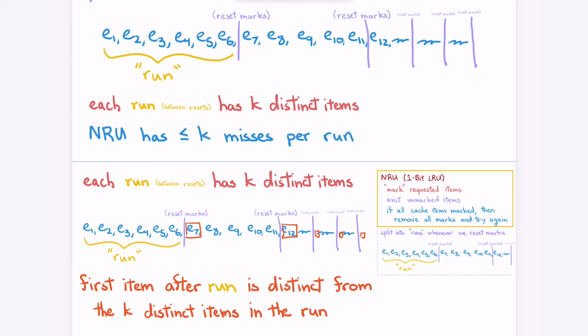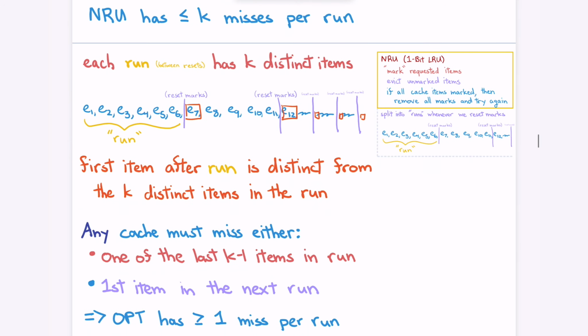Yeah, say that again, a little slower. Okay, yeah. So at some level, between this run and that next item, that's k plus 1 distinct items, so one of them basically has to get left out. You have to be a little careful in wording this.